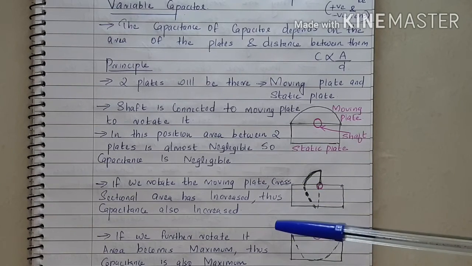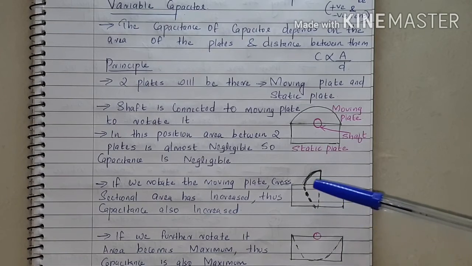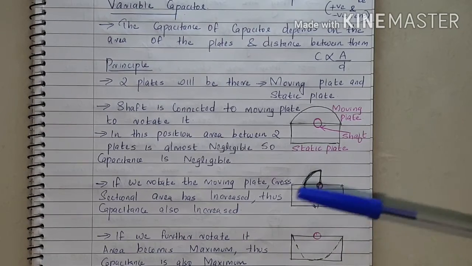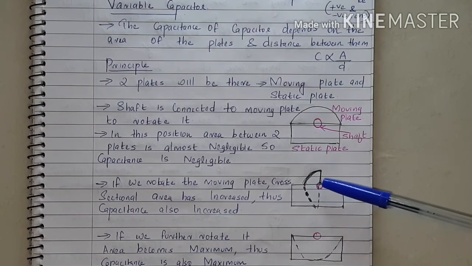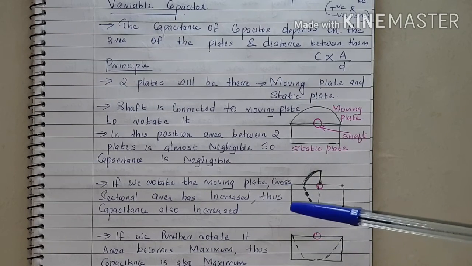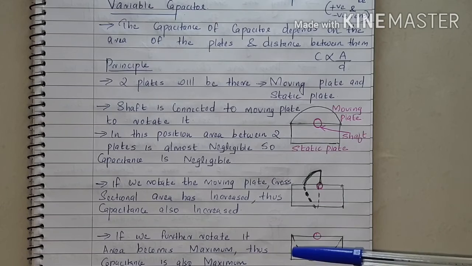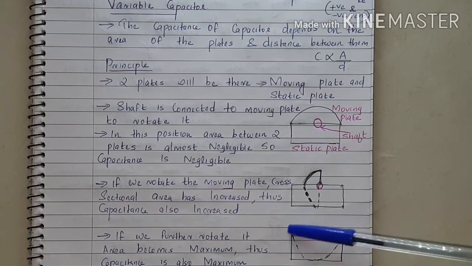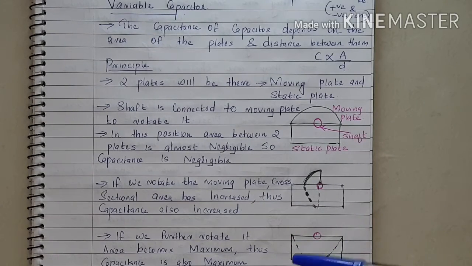In the second case, if we rotate this moving plate slightly, the cross-sectional area has increased, thus capacitance is also increased. In the third case, if we further rotate it, area becomes maximum, so the capacitance is also maximum.